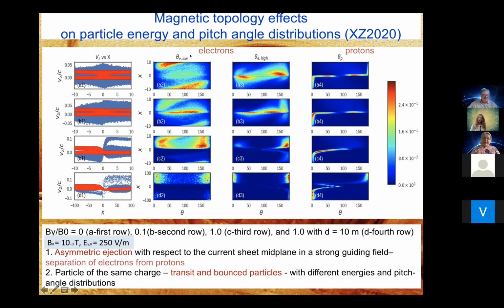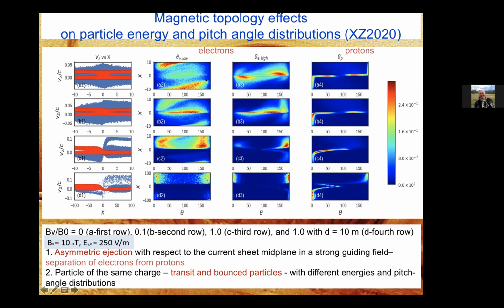So here we present the pitch angle distribution for low, or bounce, electrons and high, or transit, electrons. You see that even in the case of absence or very low guiding field, the pitch angle distributions of these particles are different.